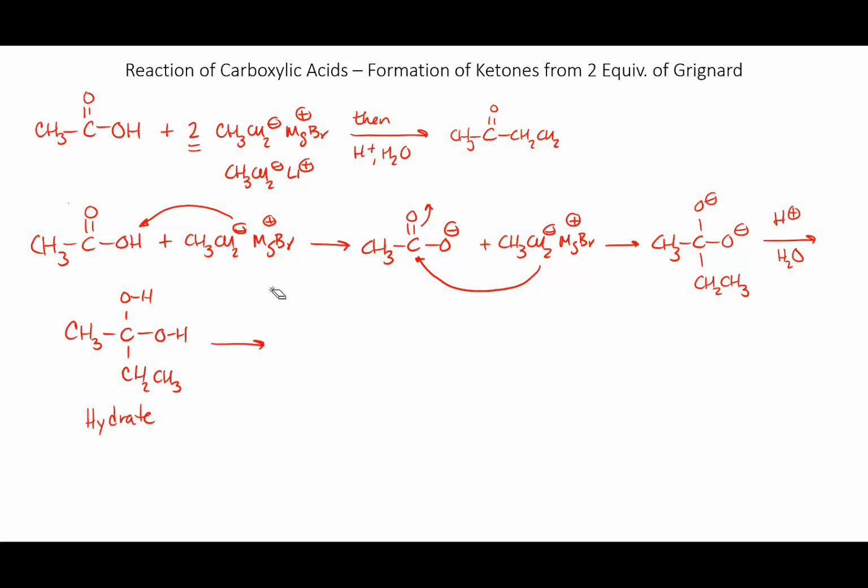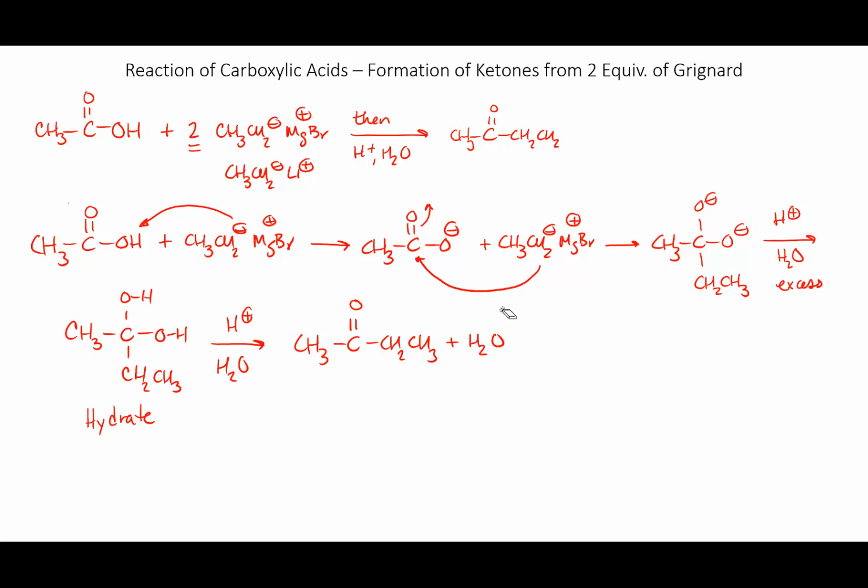And the hydrate, in the presence of excess acid and water, is unstable, and will go ahead and convert back to the ketone, and then we would have water. So it's the reverse mechanism of forming the hydrate out of the ketone. So we talked about that reaction earlier, and so that's a way to convert carboxylic acids into ketones.